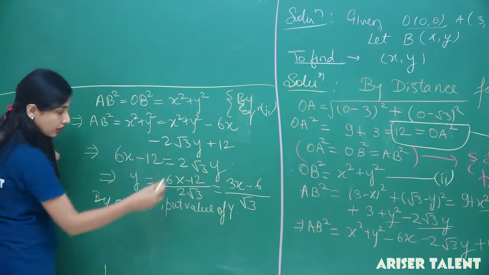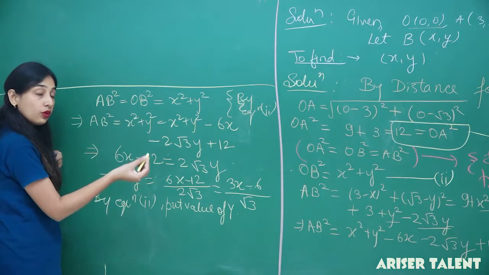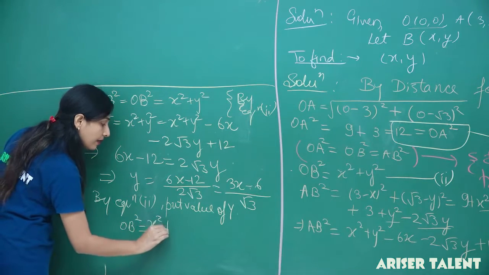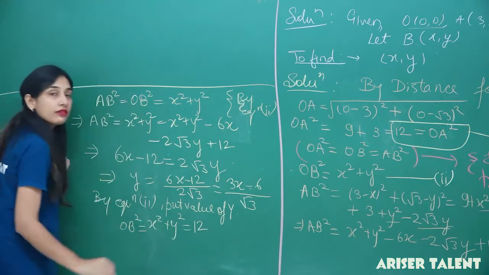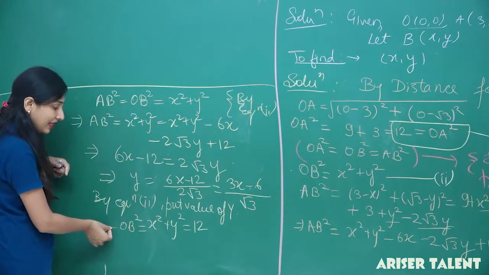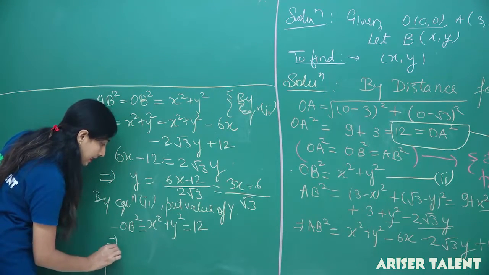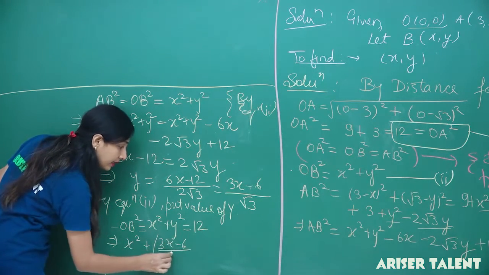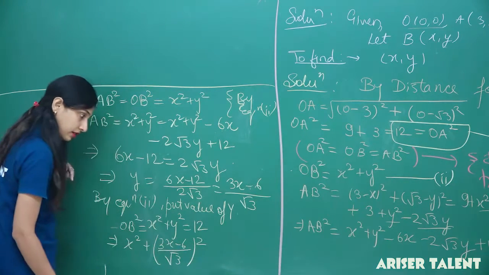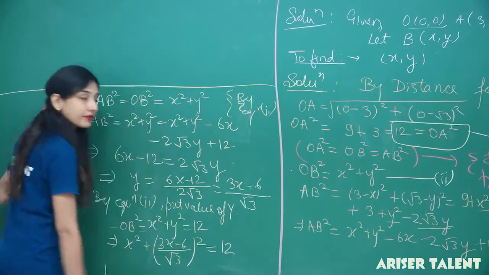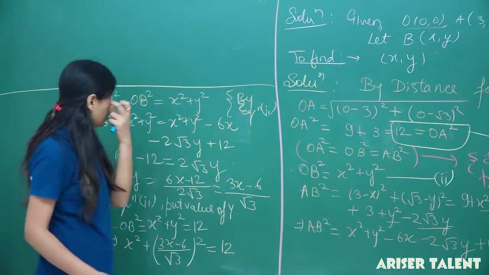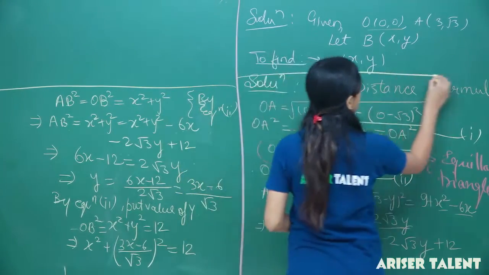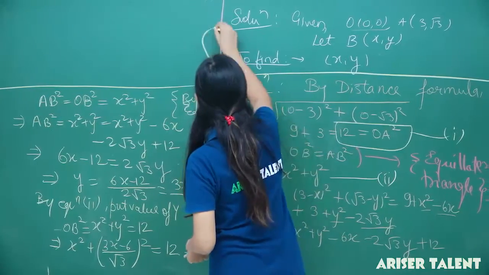Equation 2 is clearly OB square equals x square plus y square, which equals 12. So I eliminate OB square because it is 12, that means x square plus y square, where y's value is from there, equals 12.